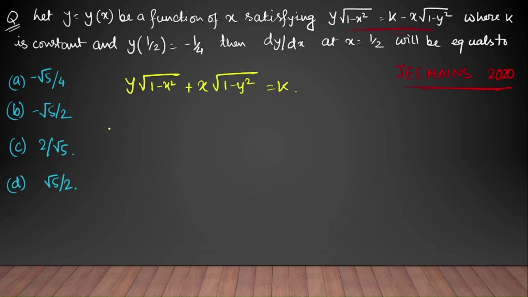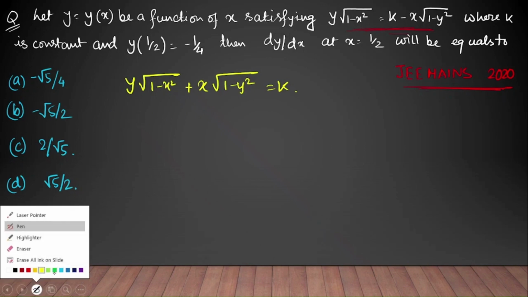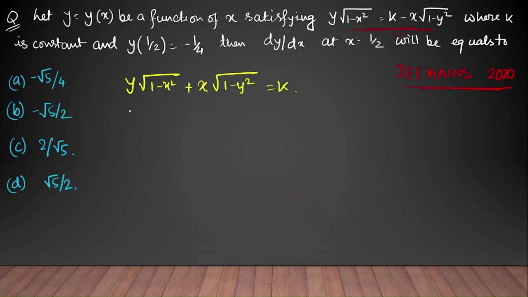Before that, we are assuming two functions here, x and y. x is a function of sine capital A and y is a function of sine capital B. If we put the value of x, then we get y.